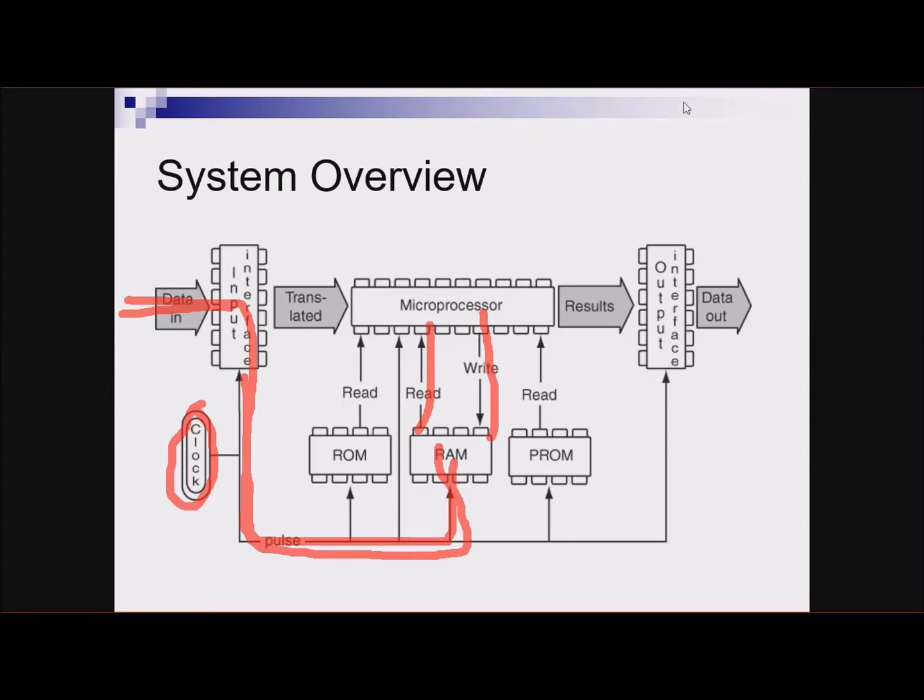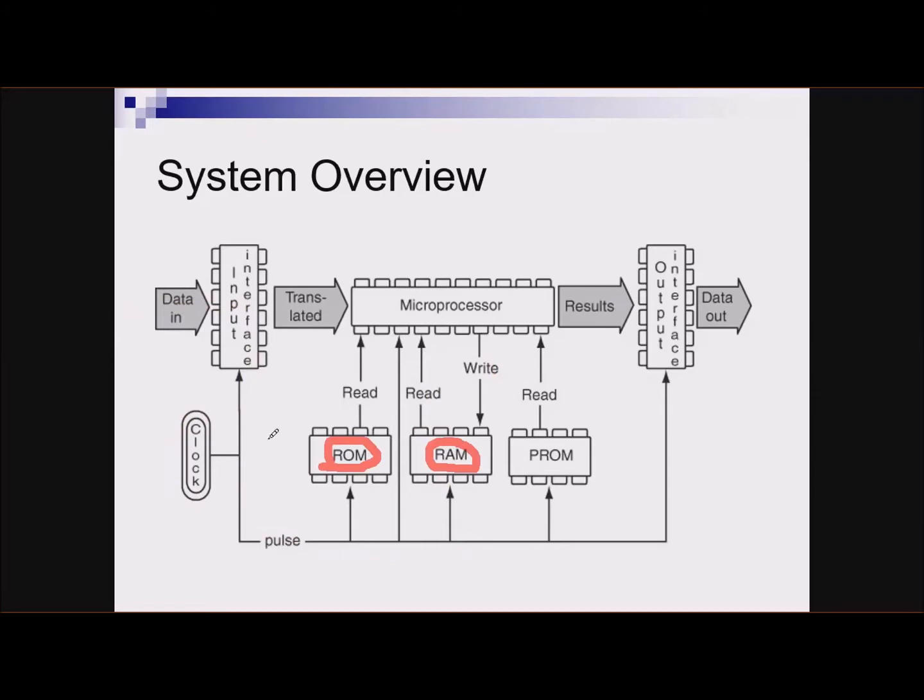Let me get rid of all of this scribbling here. So sitting here in RAM is our accelerator pedal position sensor voltage as a number. In ROM, this is read-only memory, right? So this can't be changed.